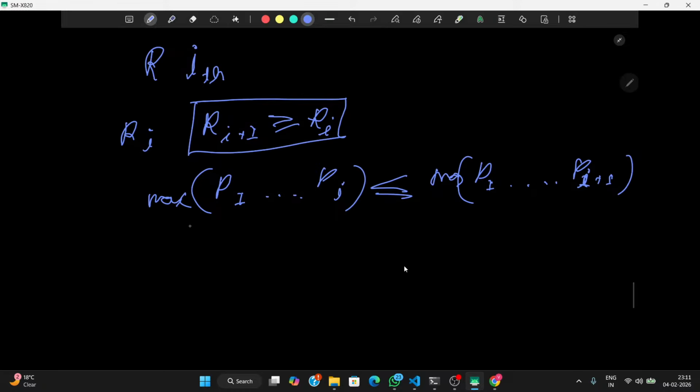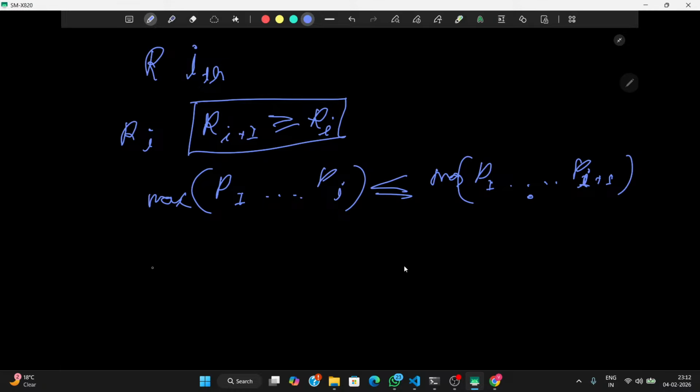How can we say this? The maximum element of the first I elements will always be there in the maximum of the first I plus 1 elements. So the new maximum will always be greater than or equal to the previous maximum, as we are adding one more element to the prefix, right?